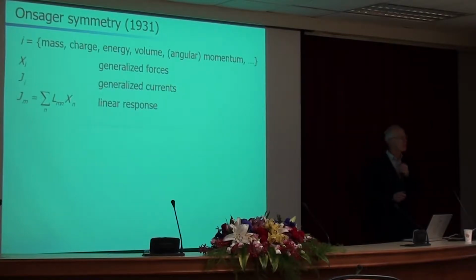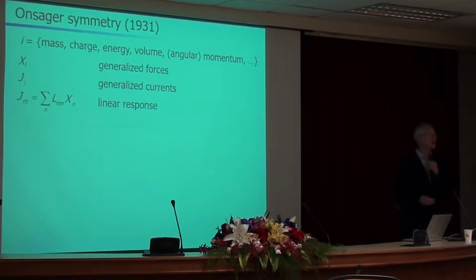In linear response, for weak forces, these two are related linearly. The coefficients here are constants, but we see that there are constants between different forces and currents, and thermoelectricity is one example of that. So there is a response matrix.